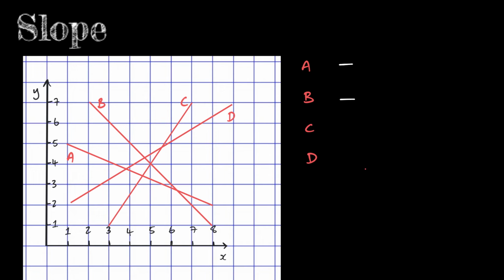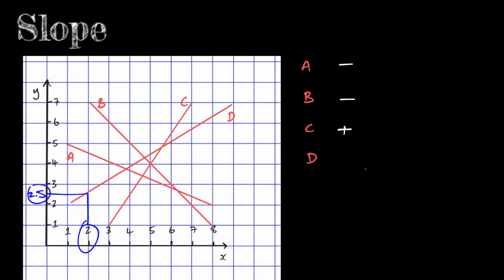And the last one there is D, and we want to see if D is positive or negative. Now you should be able to spot it straight away because of the way it's slanted, but just to make sure, let's start off by looking at an x value of 2, gives us 2.5.